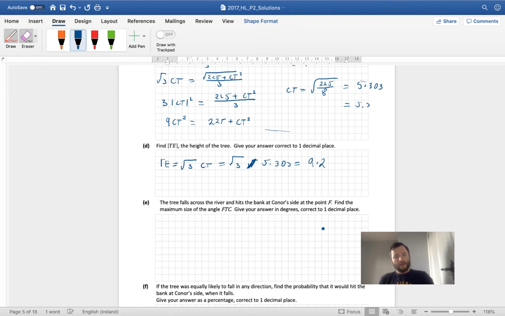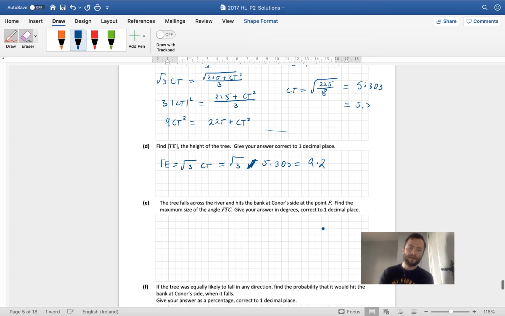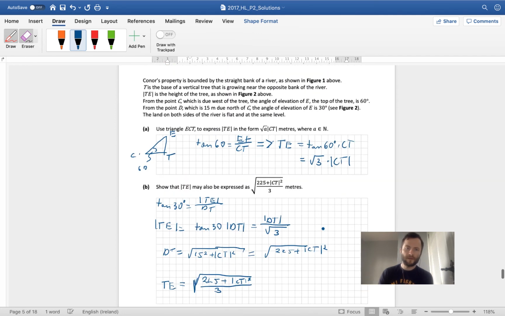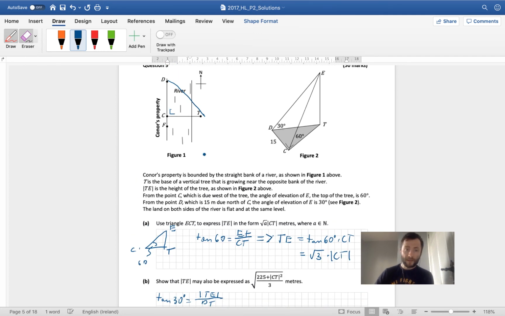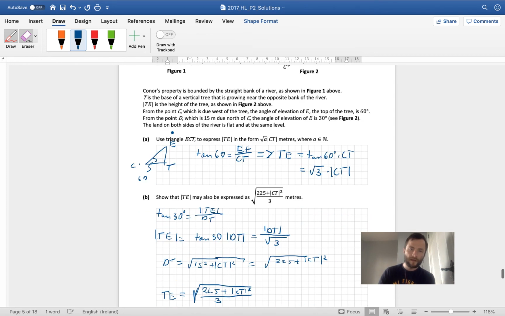So then the tree falls across the river and hits the bank at Connor's side at point F. We have to find the maximum size of the angle FTC and give our answer in degrees correct to 1 decimal place. So if I just look back at the diagram again, the maximum value of that angle is when the tip of the tree just about hits point F. So if I draw that angle and connect the base of the tree with point F, the cosine of that angle alpha will be equal to CT over TF.